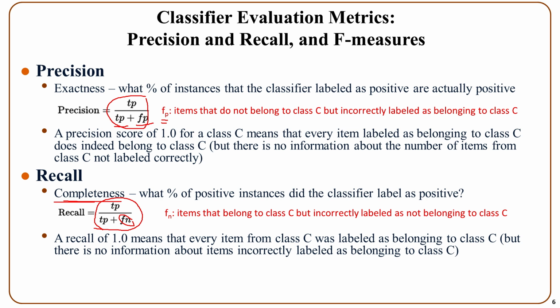And recall 1 means that every item from C was labeled as C, but there is no information about items incorrectly classified as belonging to C. So be careful here.